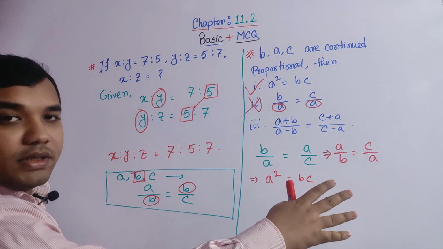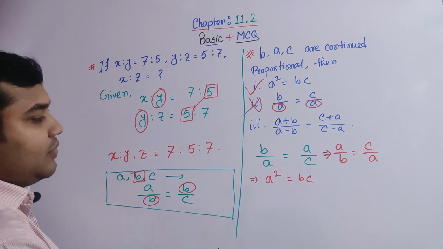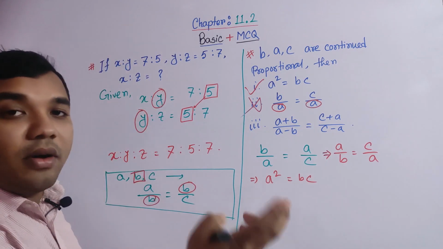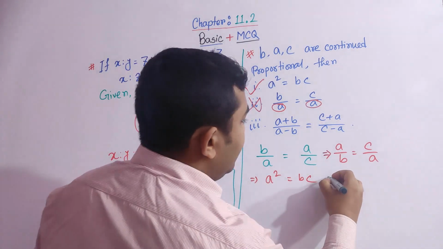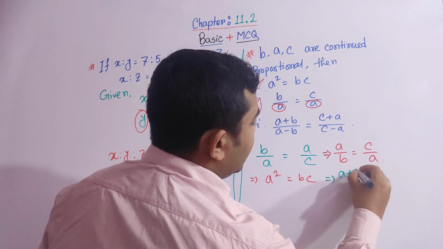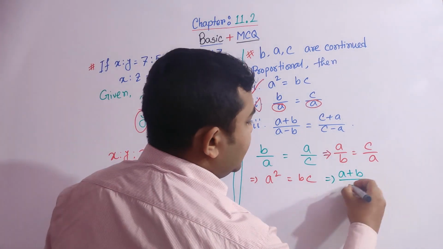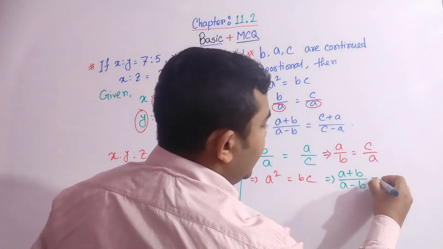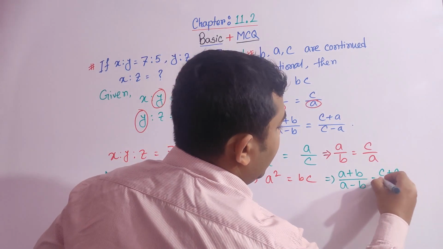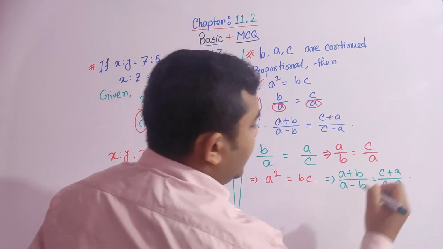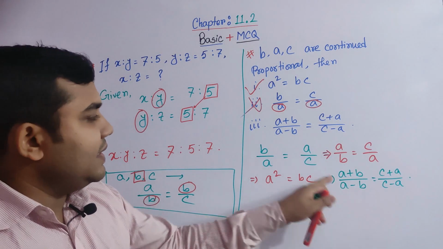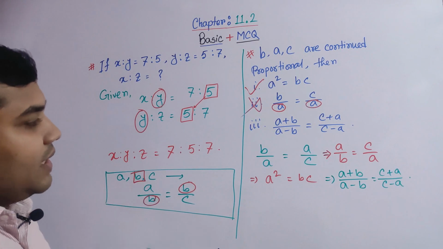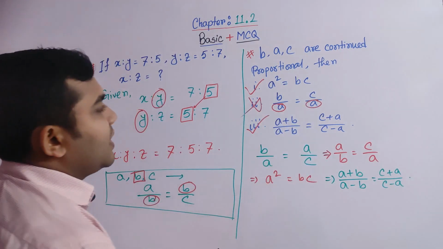We are going first for invertendo, that's why it makes the inverse. Now we will go for componendo dividendo, and you know componendo means nothing but addition and dividendo means nothing but subtraction. Similarly here will again be componendo and this should be our dividendo. So it is exactly equal to our number 3. So we can say this is our correct answer.